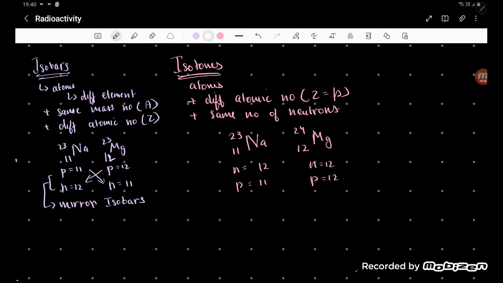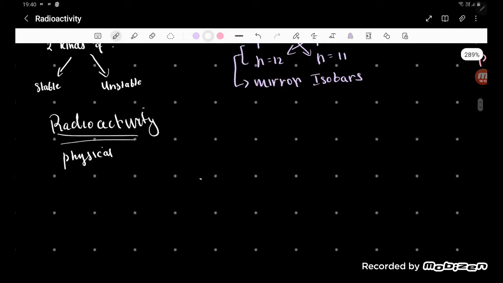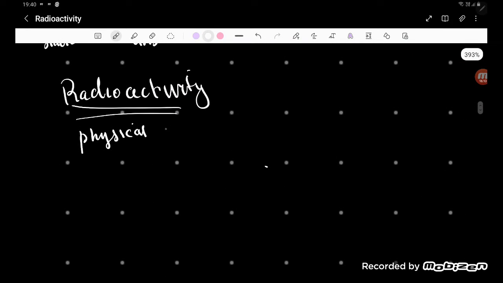Radioactivity is not a physical change, it is a nuclear phenomenon.